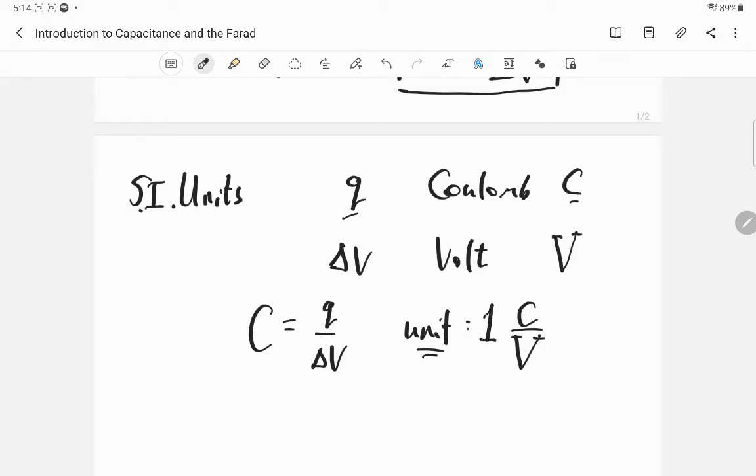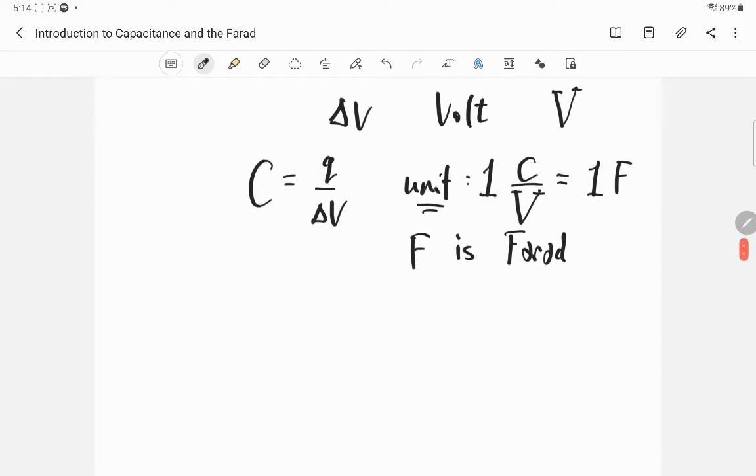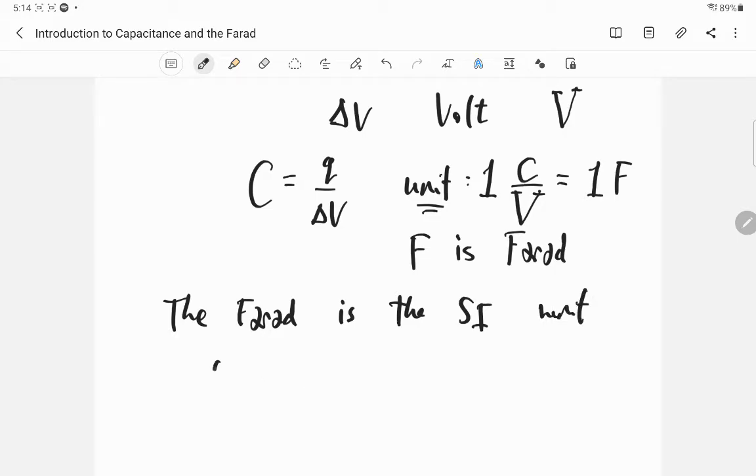And 1 coulomb per 1 volt is called the farad, which is the unit of capacitance. So the farad is the SI unit of capacitance.